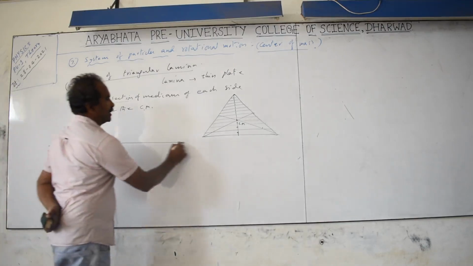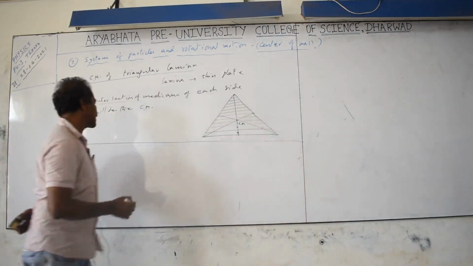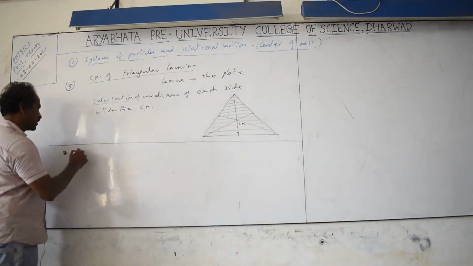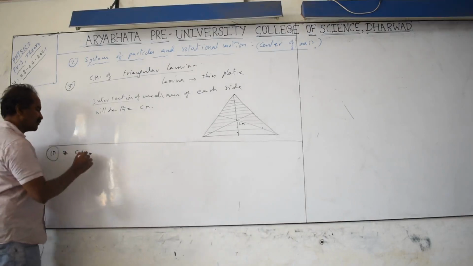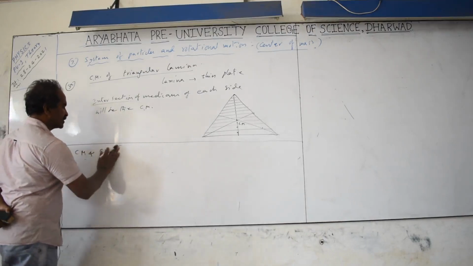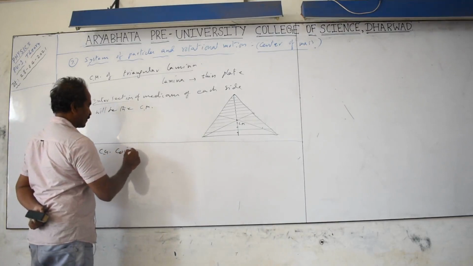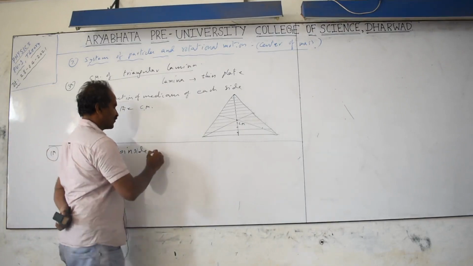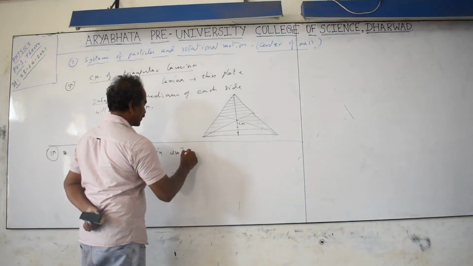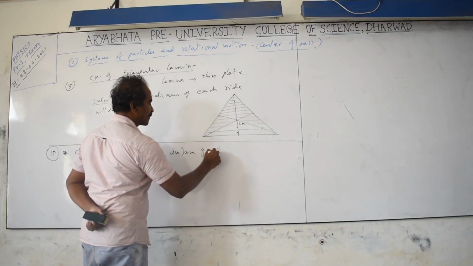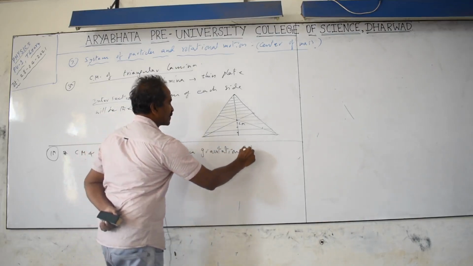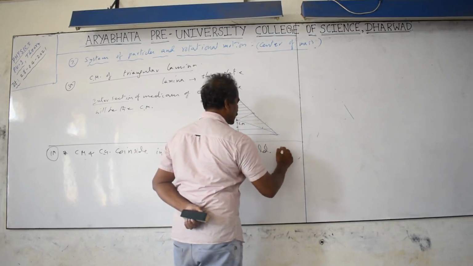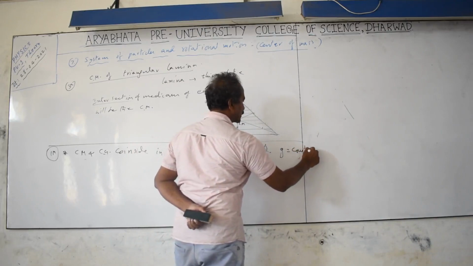Next is, if it is an irregular shape, how to find the center of mass and center of gravity. Before that we will discuss when the center of mass and center of gravity coincide.